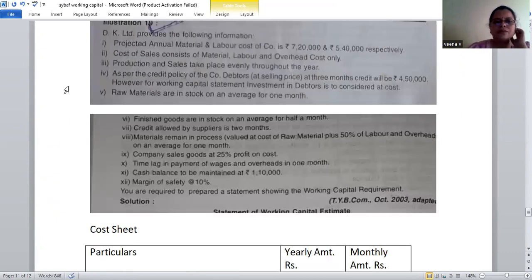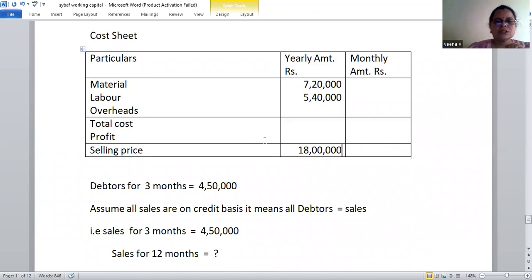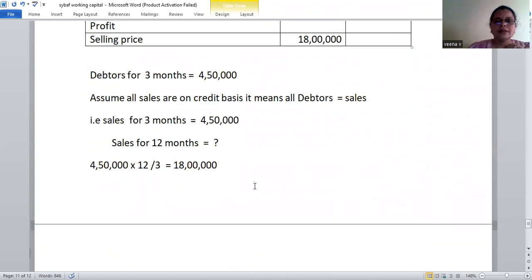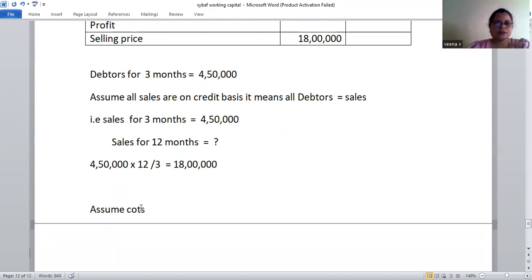Now they have given information that the company sells goods at 25% profit on cost. Profit on cost is given. So what we have to calculate? Let us assume cost equal to 100.